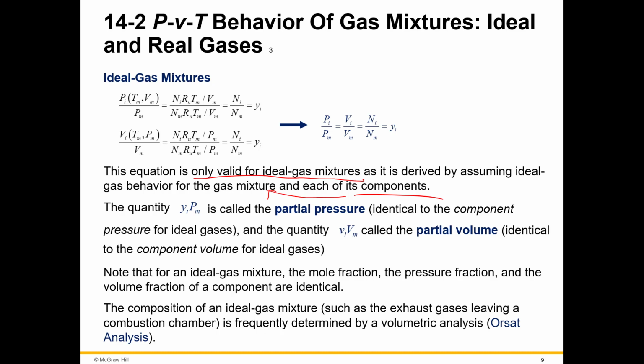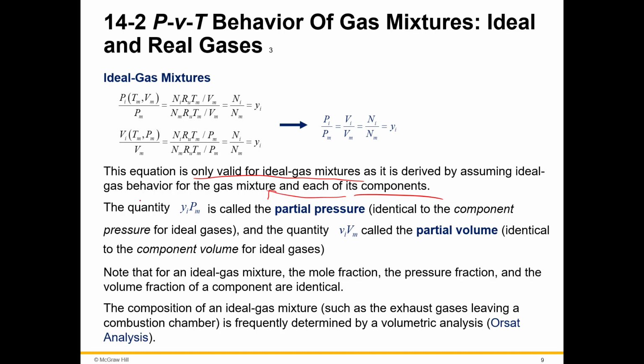So the quantity Pi/Pm is called the pressure fraction, and it's identical to the component pressure fraction for ideal gases. The quantity Vi/Vm is the volume fraction, and it is also identical to the component volume fraction for ideal gases.